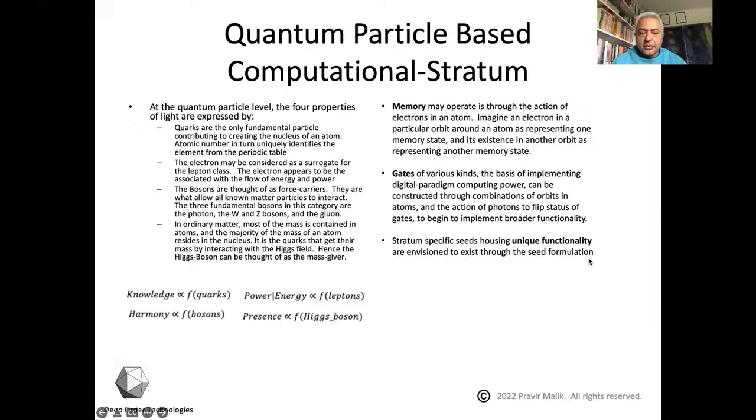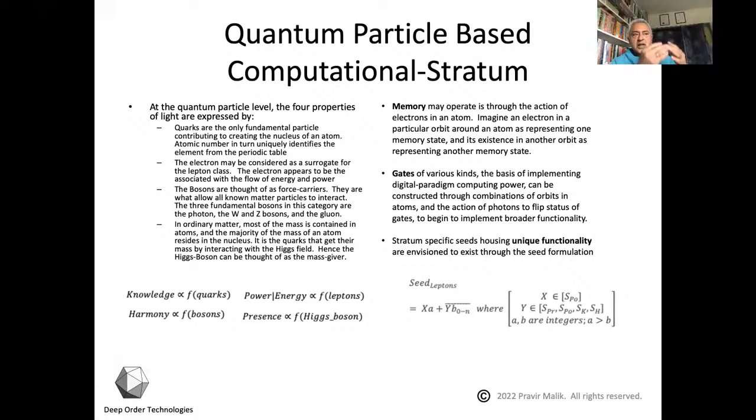And when we think about unique functionality, let me just draw on the equation that I had used earlier, the seed of which is essentially the antecedent layer, which houses an infinite number of possible seeds.